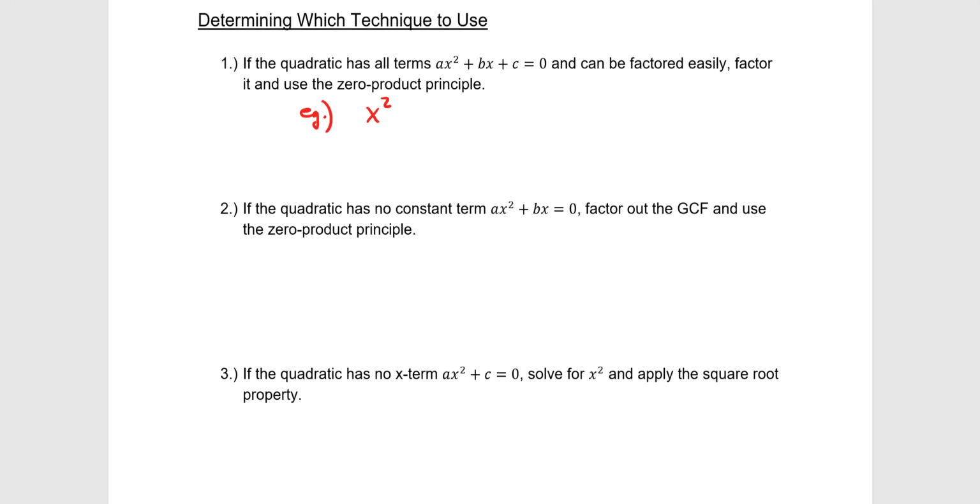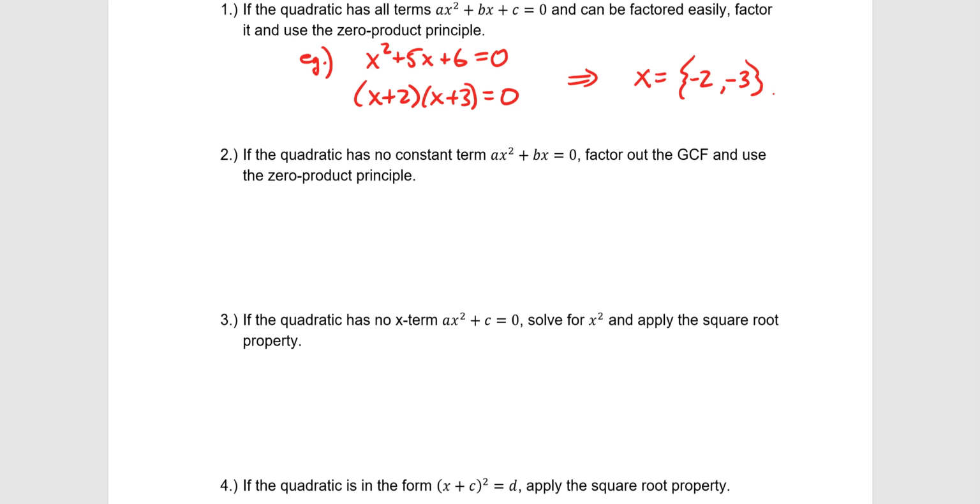For example, x squared plus 5x plus 6 equals 0. We know it factors to x plus 2 times x plus 3 equals 0, and we would solve this and get x equals -2 and x equals -3.